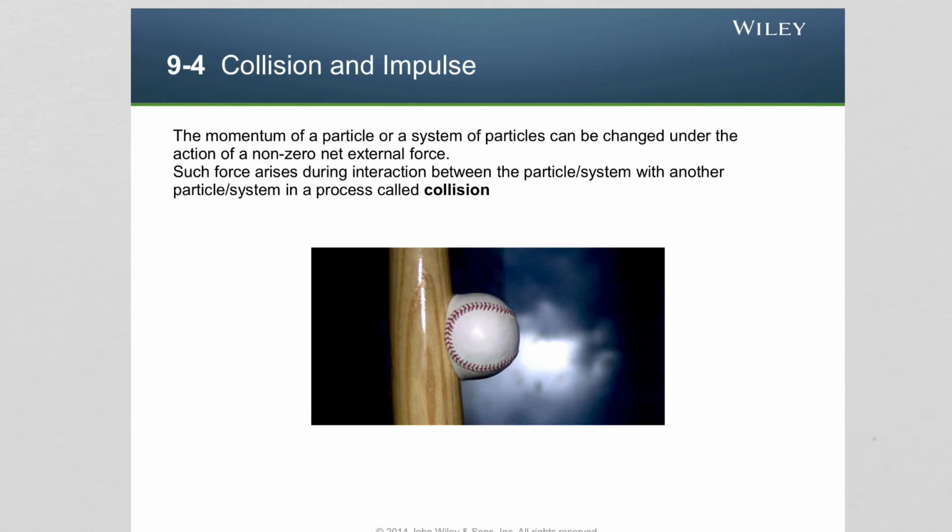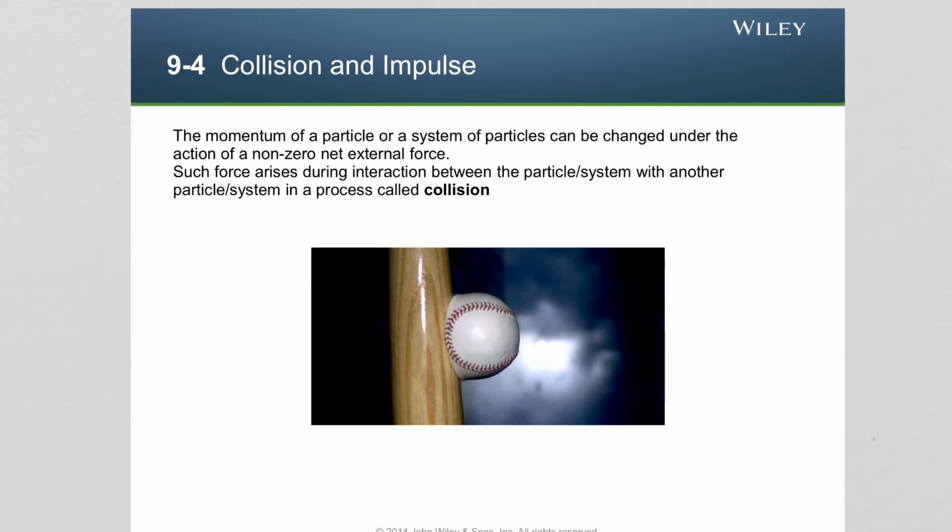A question can be asked: to change the linear momentum of a particle or a system of particles, an external force must be applied, and we know that. But where does this external force come from? It can simply come from interaction with a single particle or a system of particles.